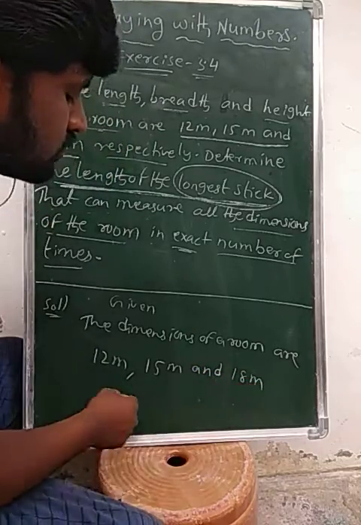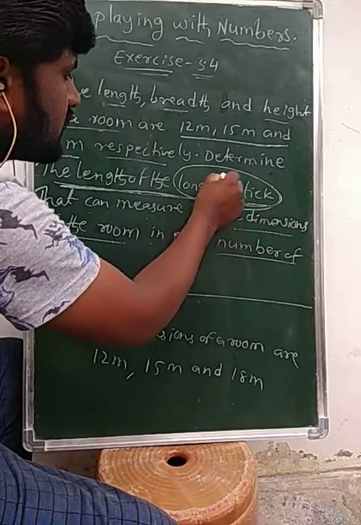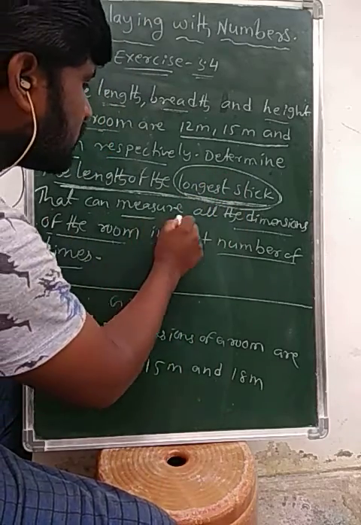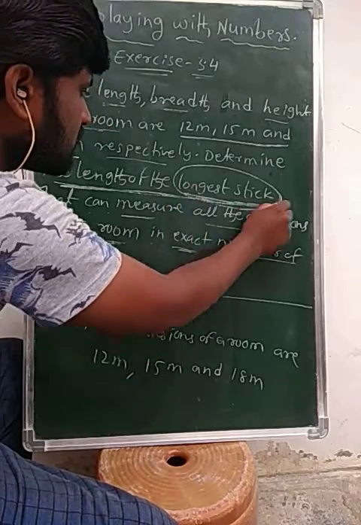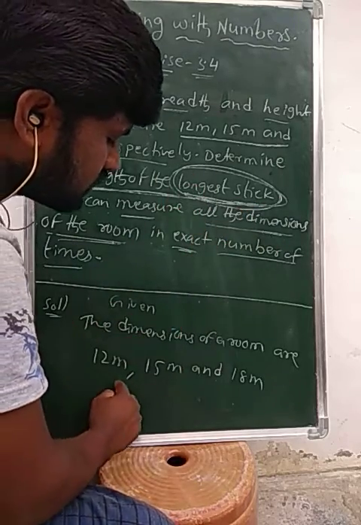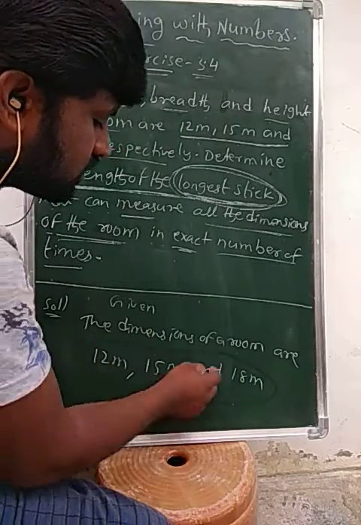So we need to find the longest stick that can measure all the dimensions of the room in exact number of times. Longest stick means we need to find the HCF, highest common factor of these numbers.